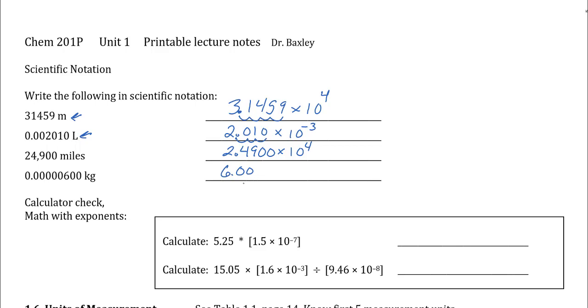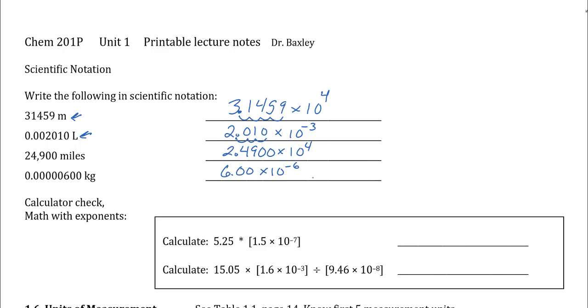And then this number would have to get divided by 10 a number of times, in this case 6, to return to the original value of 0.00006. You can also kind of think of it as moving the decimal place over, 1, 2, 3, 4, 5, 6. And that would be the same as the 10 to the minus 6 that we've got there.